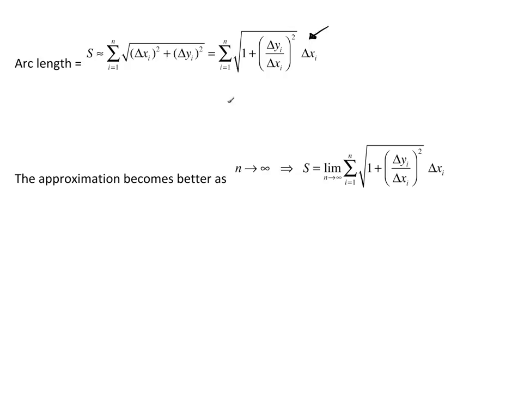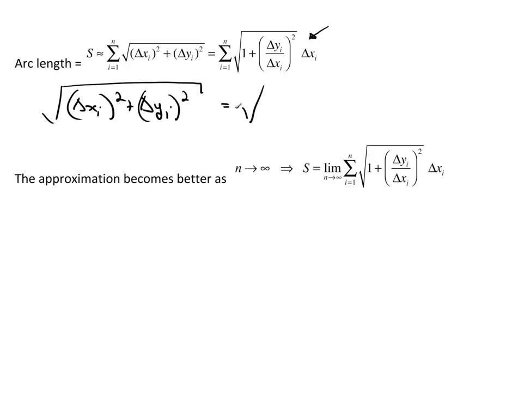And let me show you the algebra real quick. See, delta xi squared plus delta yi squared, this is the square root. If I factor out a delta xi squared, it will come out as simply a delta xi.